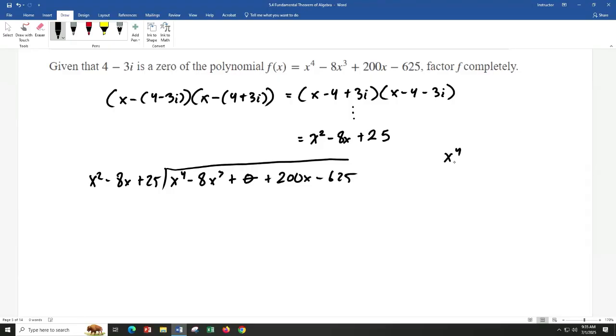Take this x to the 4th, divide it by x squared, and I'm going to get x squared. I'll put it back right here. I'm going to FOIL all that, right? Or I'm going to distribute that x squared back into my divisor. When I do that, I get x squared minus 8x plus 25.